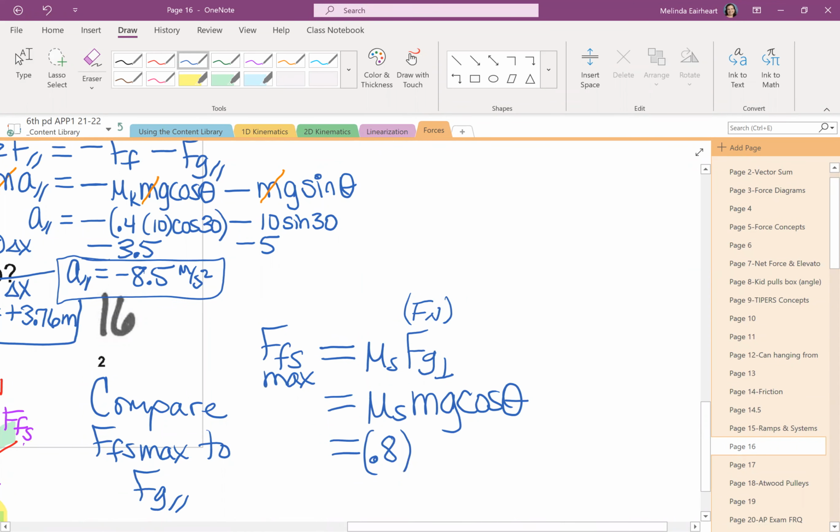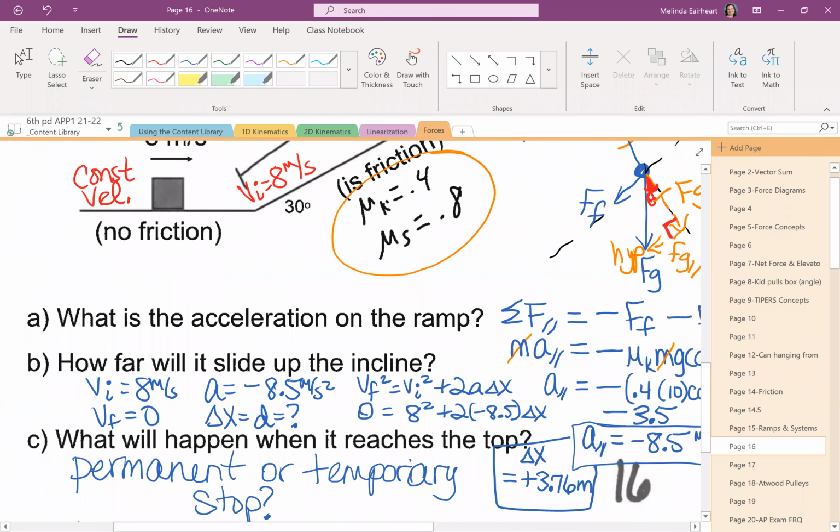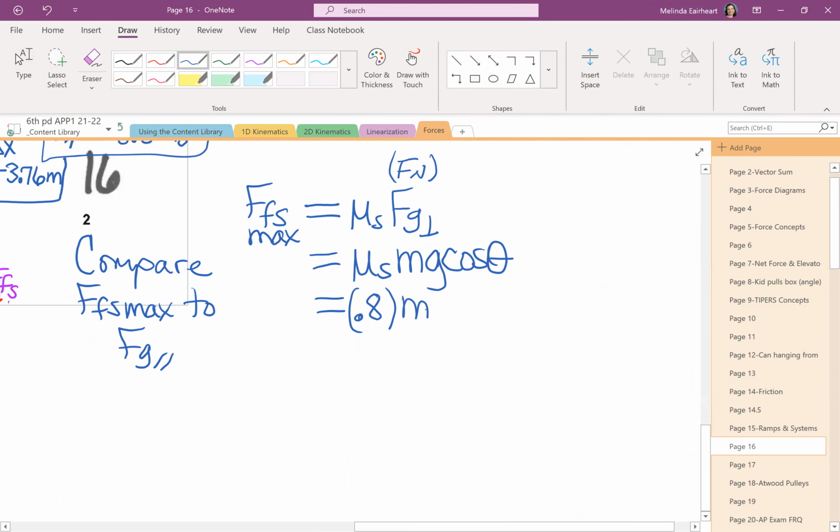Now mass is not going to cancel right here. Did they give me the mass? Not yet. And so I'm just going to keep it as an m for now. I haven't plugged it into anything else. But g, I know, is 10 times cosine, the angle was 30. And so keep the m. It won't be meters, but it'll be the variable m. 0.8 times 10 is 8 times cosine 30.